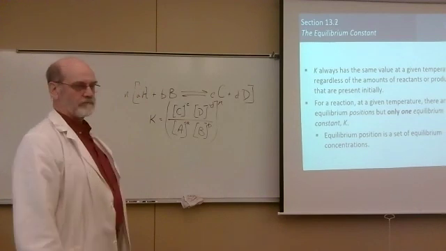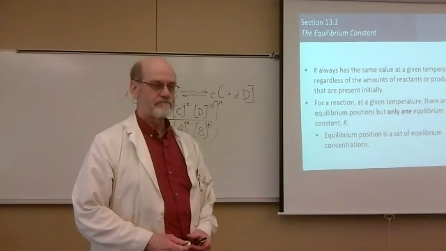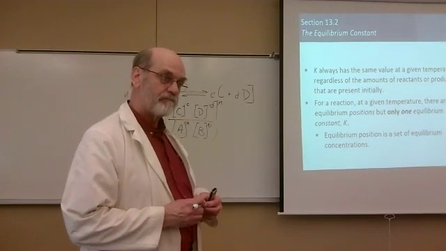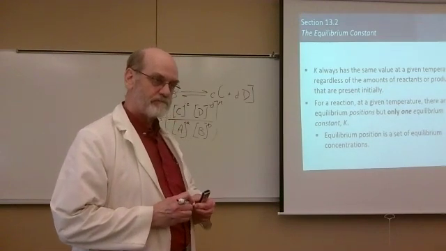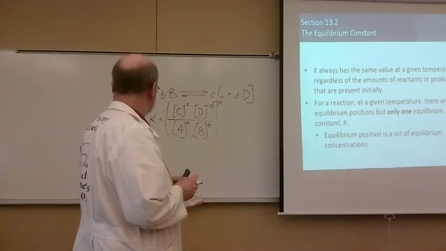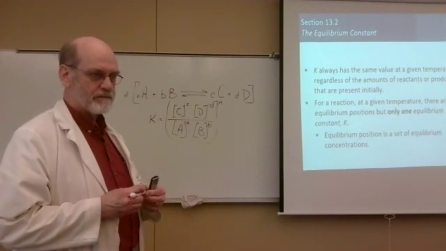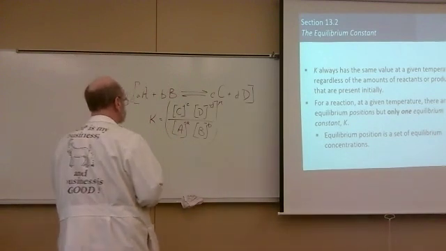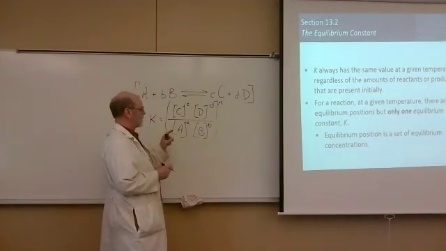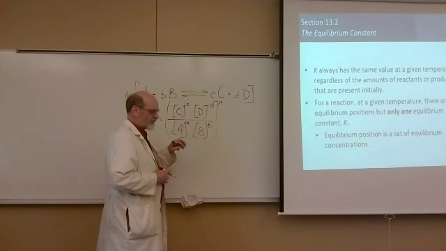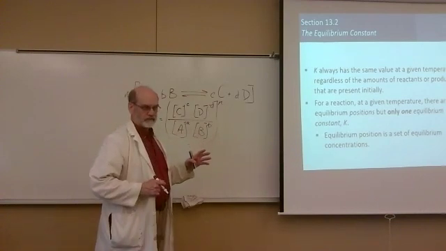Since we're using amounts of concentration, that's a molarity measure, usually. We're dropping the units, so I guess it doesn't really matter. We just know that it's a molarity, right? That's the most common unit of measure.